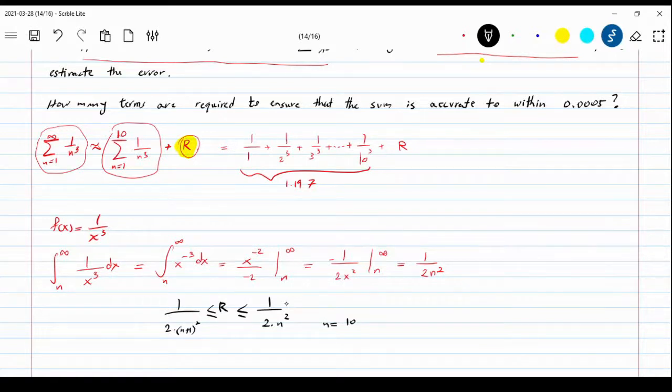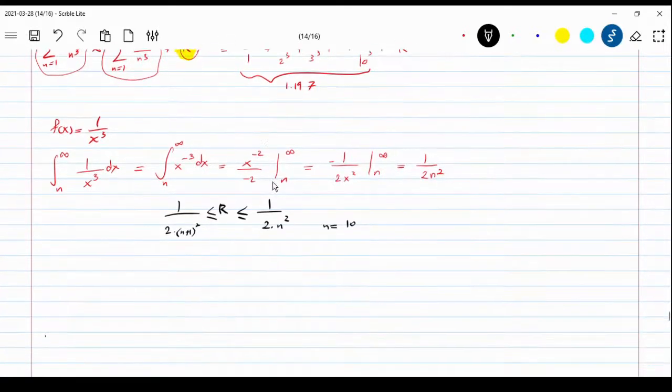So the remainder of this series is bounded between 1 over 200 and 1 over 121 times 2, which is 240.